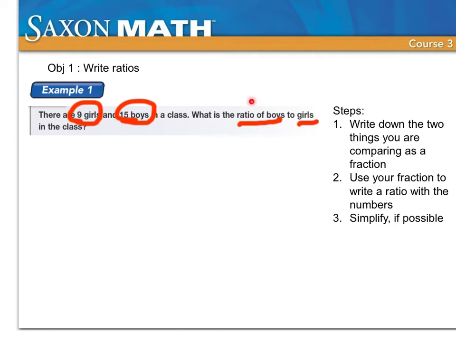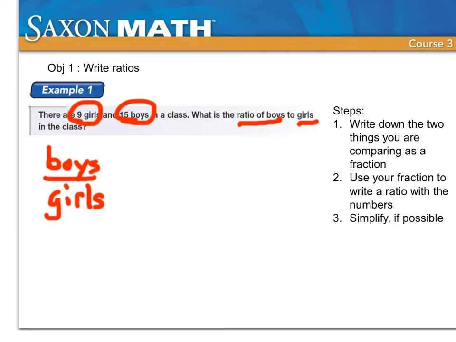That's important because that means the boys need to come first in my ratio. So step 1 is to write down the two things you're comparing as a fraction. And I'm going to write them in the order the ratio tells me. So I'm going to write them as boys to girls, where the one I say first always comes on top.